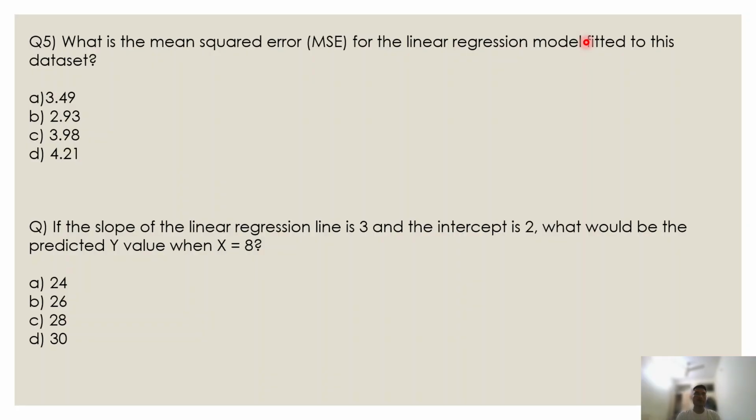I think you already calculated it for the R square, so it's the same: yi minus yi hat, whole square. That is called the mean square error.